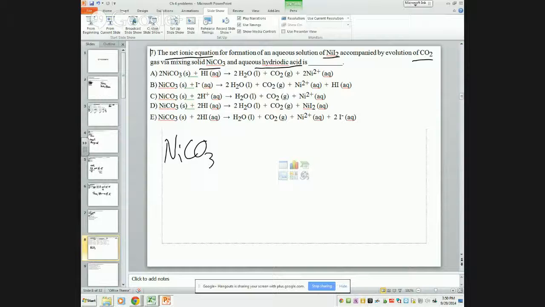If it's hydroiodic, well, you know it's H and I, and that's our acid. So we're adding those two things together, and we're getting NiI2 and CO2 as well. This isn't balanced. I'm not going to balance it right now. I'm just going to try and figure out what the net ionic equation would be.